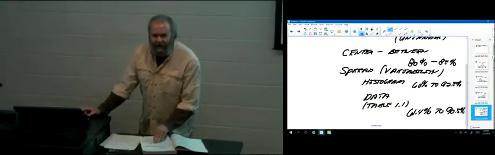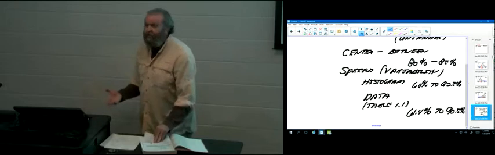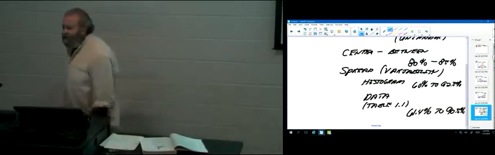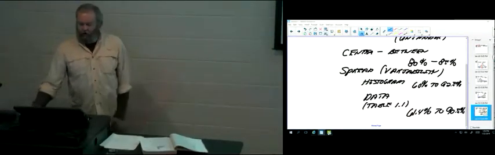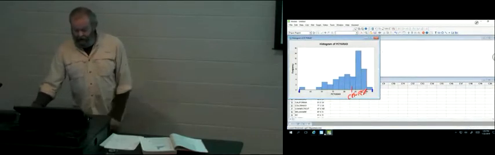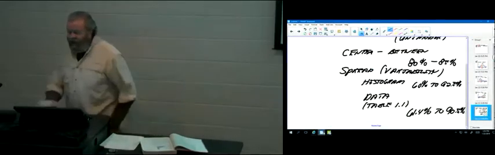You're going to get different answers here, whether you actually have the actual data or whether you're reading the histogram. Is everybody okay with that? That's the reason I'm giving you both of those, because a lot of times, all you're going to have is the histogram. What's the smallest, what's the largest? Sometimes you'll end up having the data, and you can just look through and find it. Okay? Everybody okay with this?